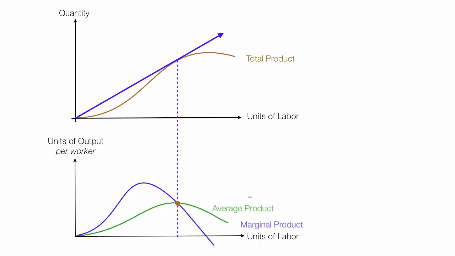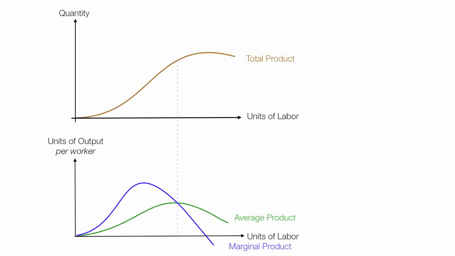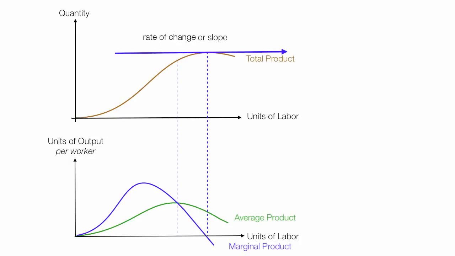Another point of interest is when that tangent line is flat, and that means the rate of change is 0, or the slope is 0. So it crosses the horizontal axis right at the 0 point there. That value there is 0. And anything beyond this point, the slope is negative.